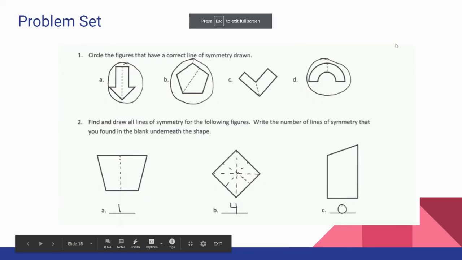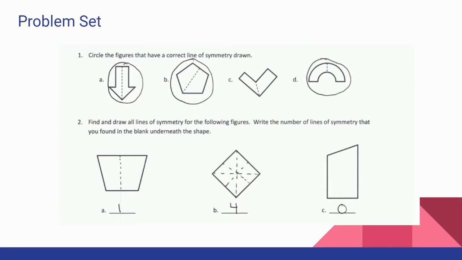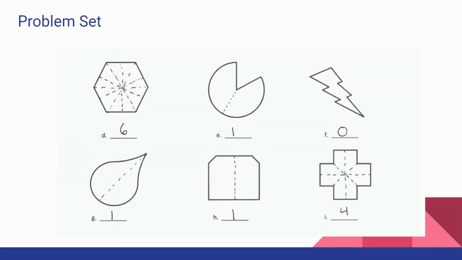And here we are back at the slideshow with the problem set answers. If you haven't completed the problem set, pause here and then return when you finish and check your answers. So here are the answers to number 1 and 2. If you forgot some of the lines of symmetry, make sure you add them to your picture.